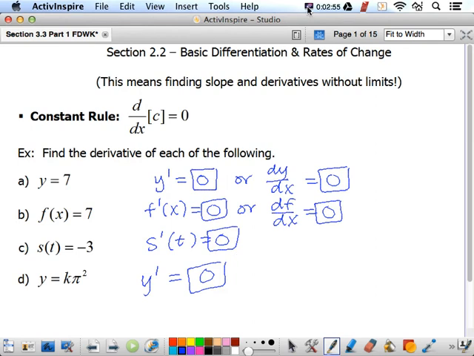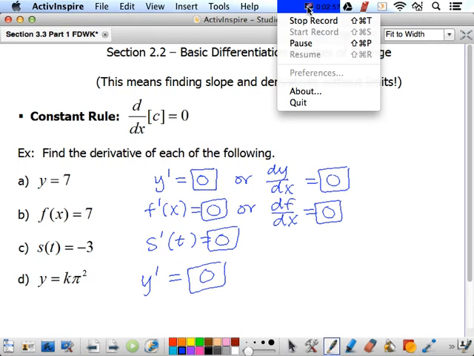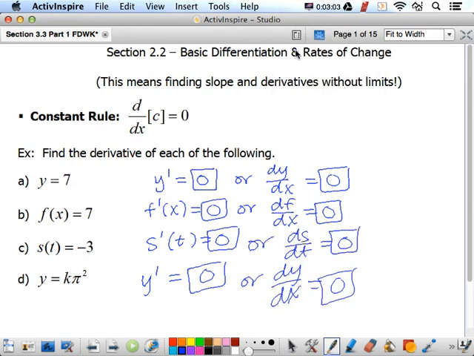Is there another way to write the formal notation of that? So notice that all of the derivatives are 0, but there are multiple ways that you can write the notations. We typically prefer these notations, because they're easier not only to write but to type and they don't look like fractions, but you can also write the derivative of your dependent variable with respect to your independent variable.